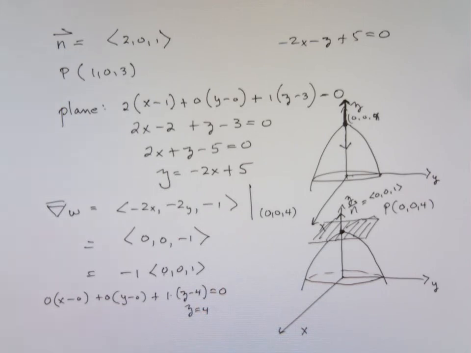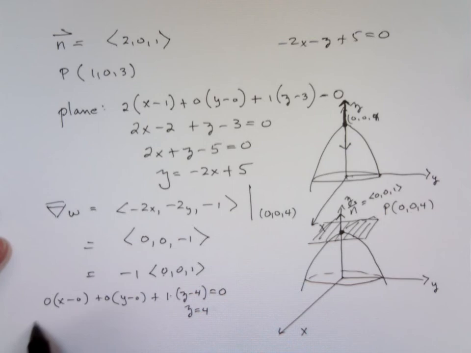Let's suppose instead of using 0, 0, 1, we had used 0, 0, negative 1 as our normal vector, the one pointing downward. Let's see what the equation would be.